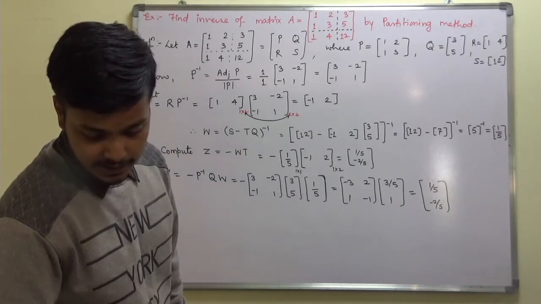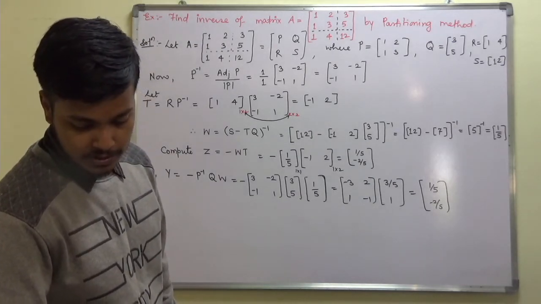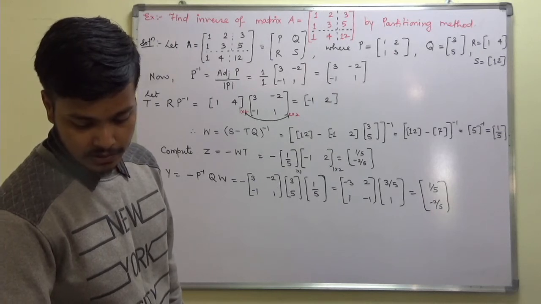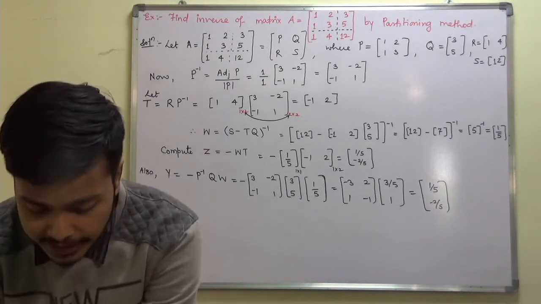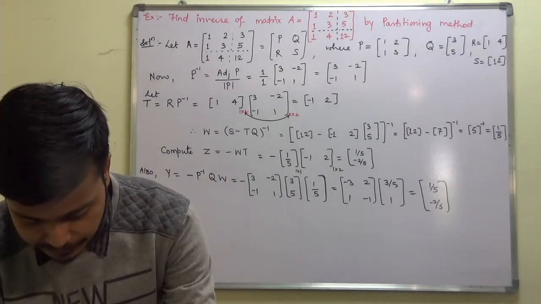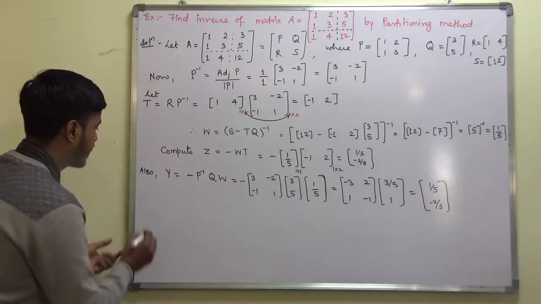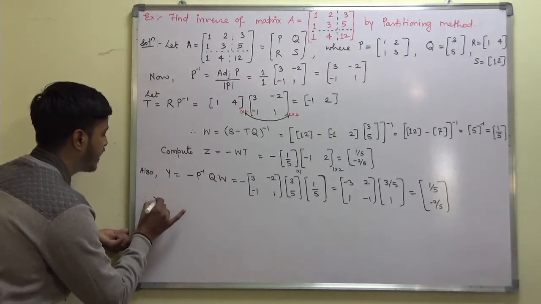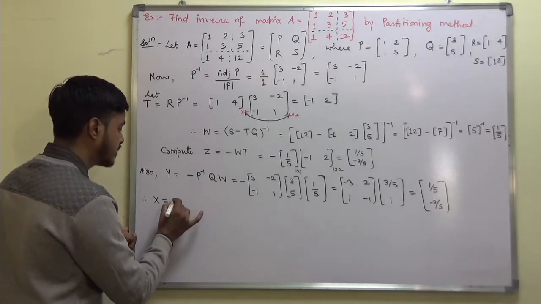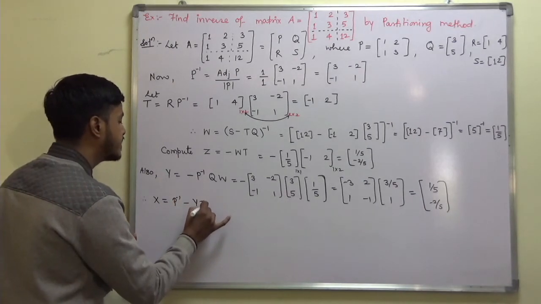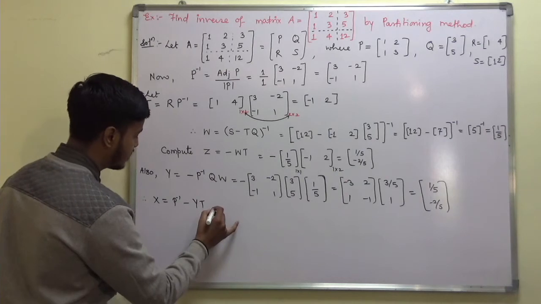After y, we have to compute x, right? And what is the formula for x? Next we have to find x. X is equal to p inverse minus y t. So what is my p inverse?